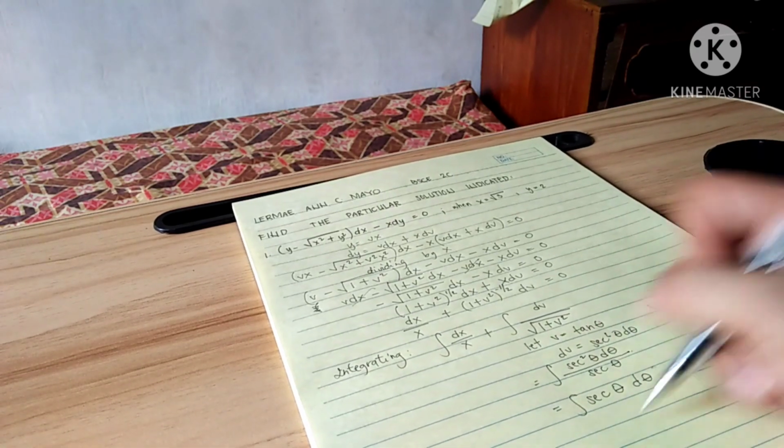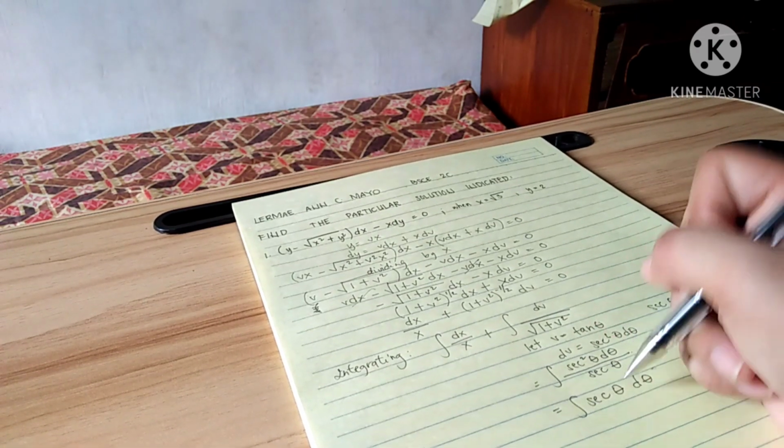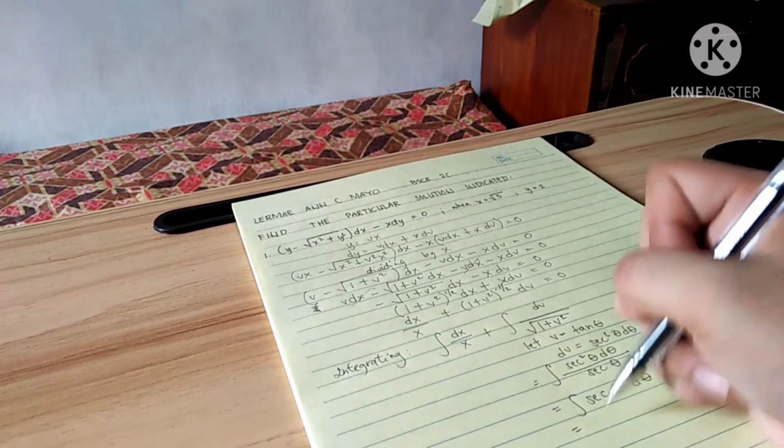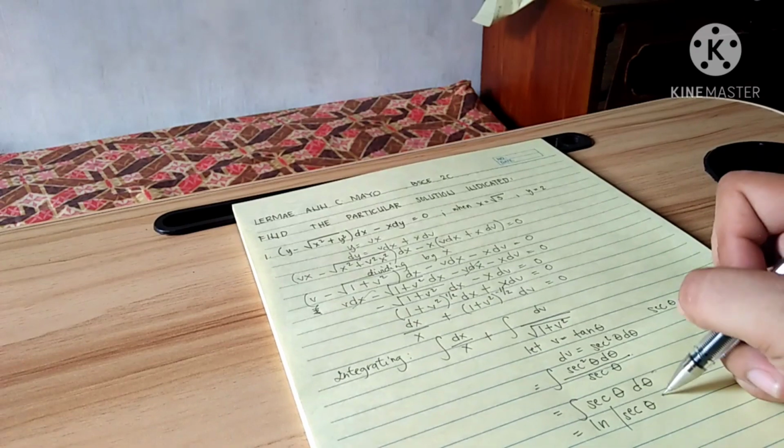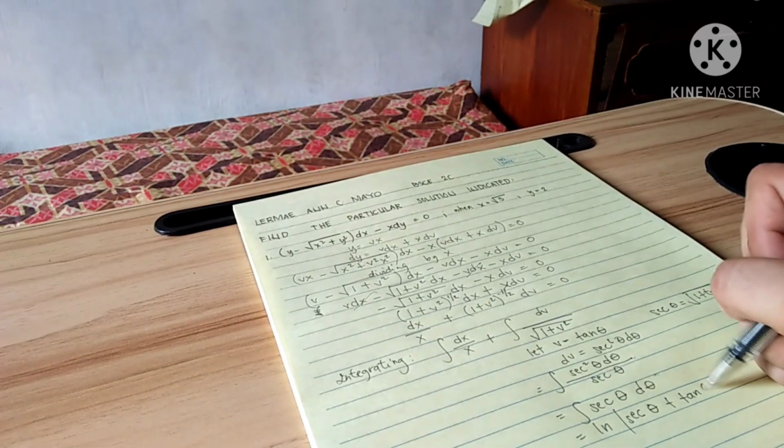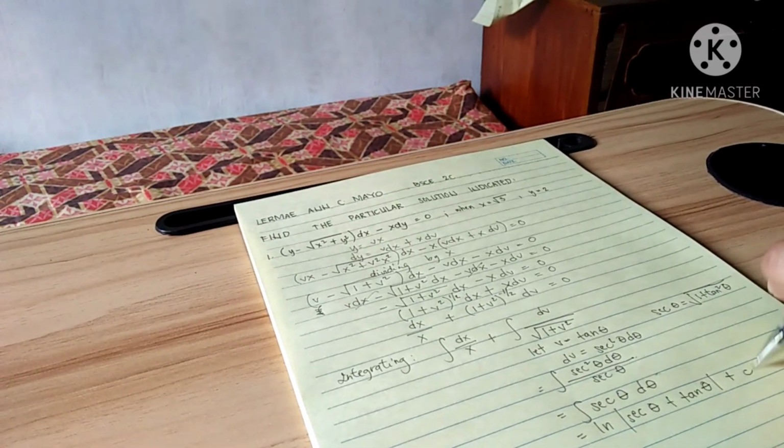Now we can integrate this. The integration of secant theta is ln absolute value of secant theta plus tan theta plus c.